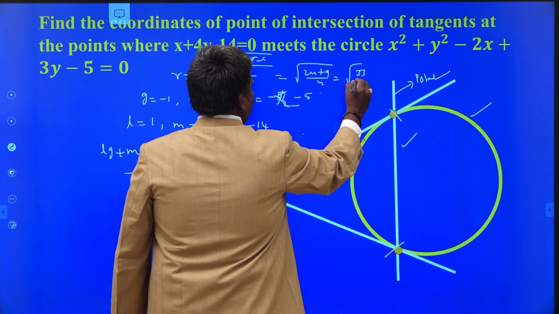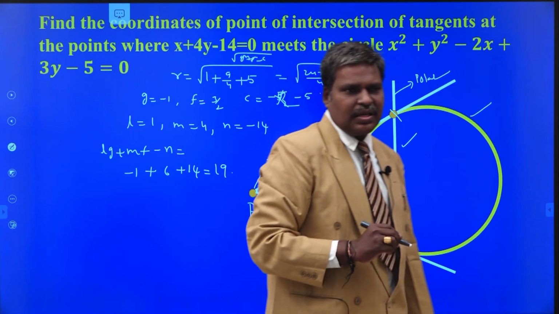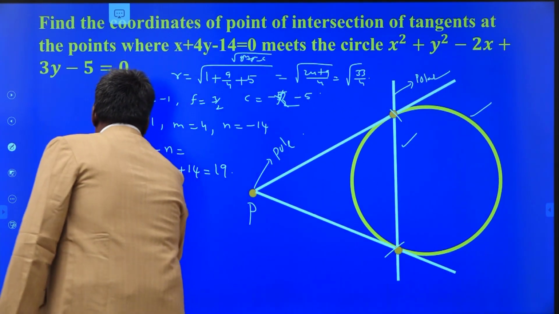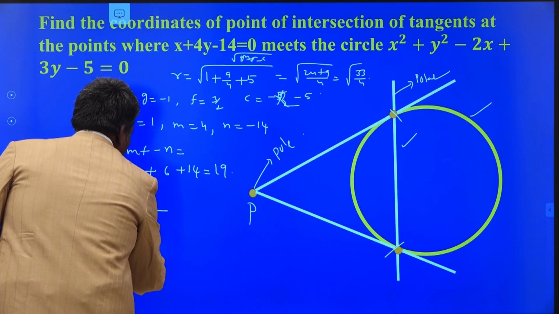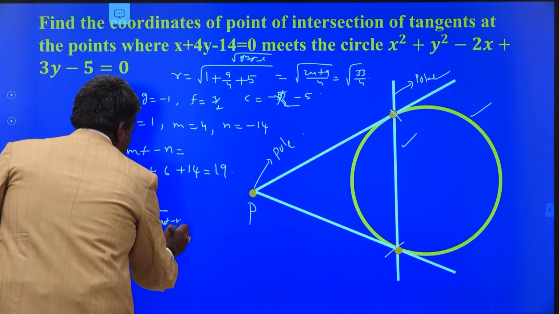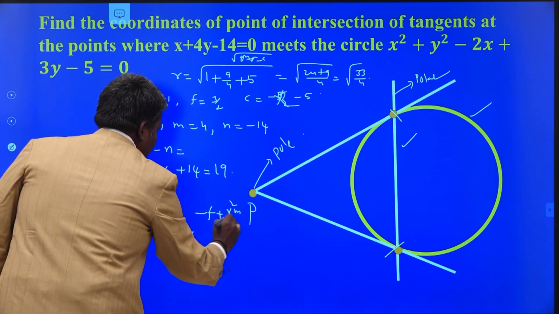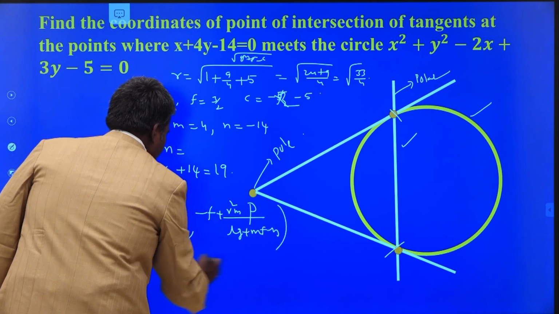Root of 33 by 4 is your radius. Radius square is 33 by 4. Now apply the formula: (-g + r²l/(lg + mf - n), -f + r²m/(lg + mf - n)).